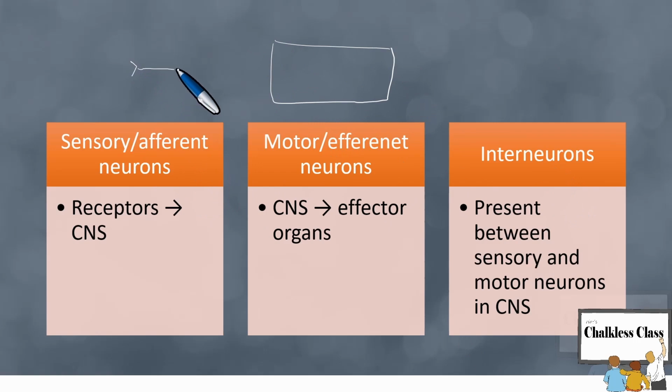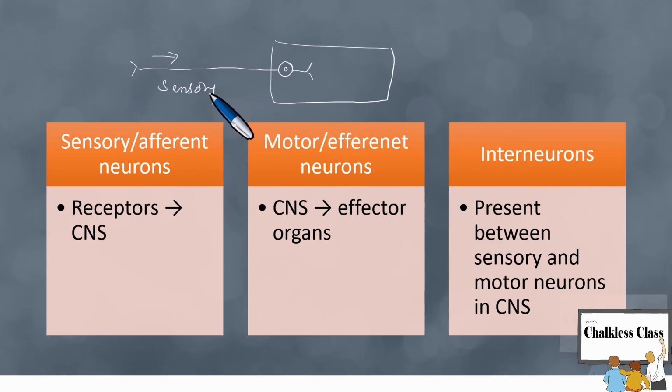From the sense organ, the dendrite collects the impulse and gives it to the cyton. From this, one axon forms. So, this is the afferent process or sensory process. The neurons which bring the impulse from organ to the CNS are called sensory neurons.